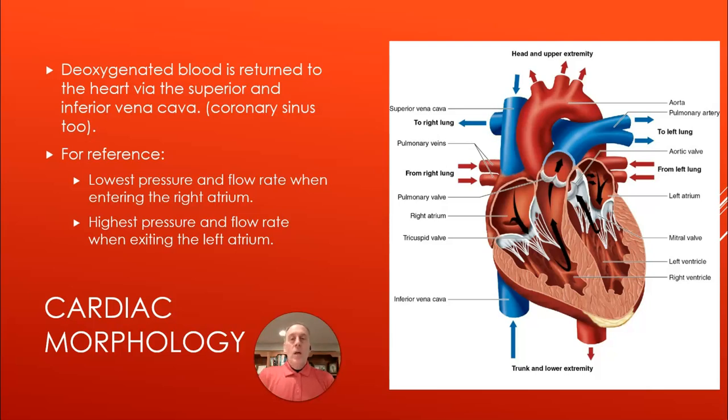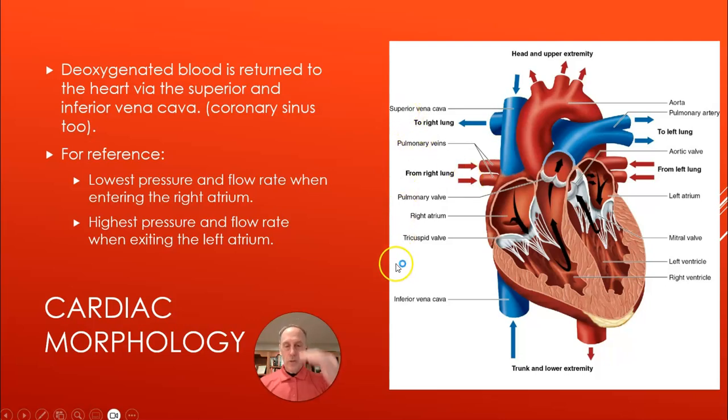All right. So we know deoxygenated blood comes back to the heart through two main mechanisms. One is the inferior vena cava, and the other is the superior vena cava. The name kind of tells a tale.